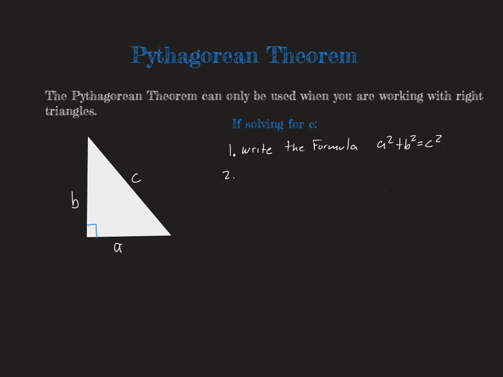The next thing that you need to do is plug the numbers in for A and B. After you have plugged in the numbers for A and B, the next step is to square the values of A and B. The fourth step is add A squared plus B squared.